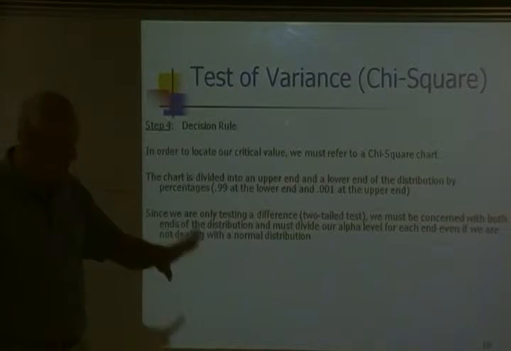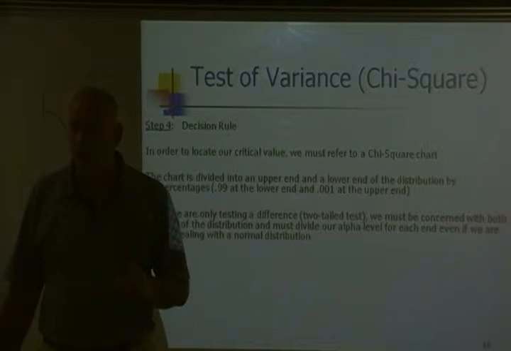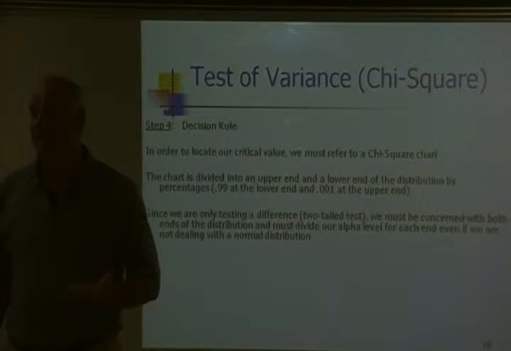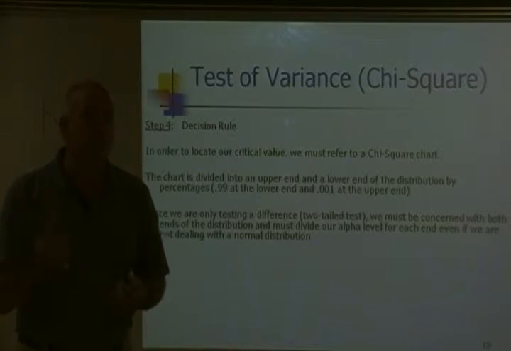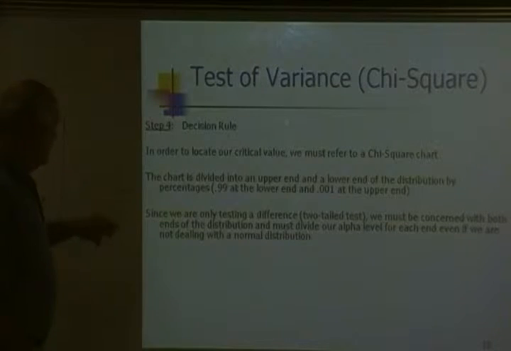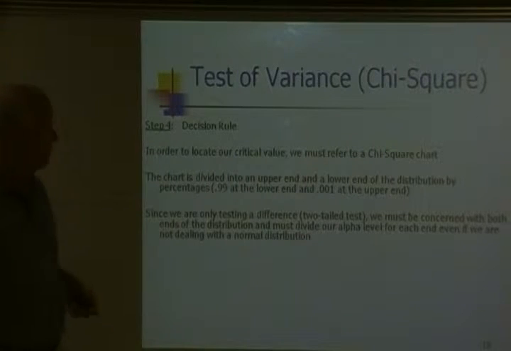We're only testing a difference, so it's a two-tailed test. And we've got to be concerned with both ends of the distribution, even though it's all positive. So we're going to have an upper end and a lower end critical value, even though they're both going to be positive.